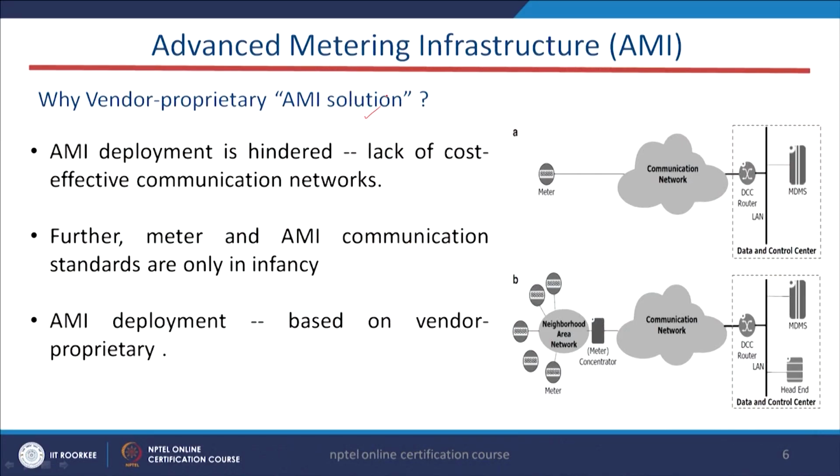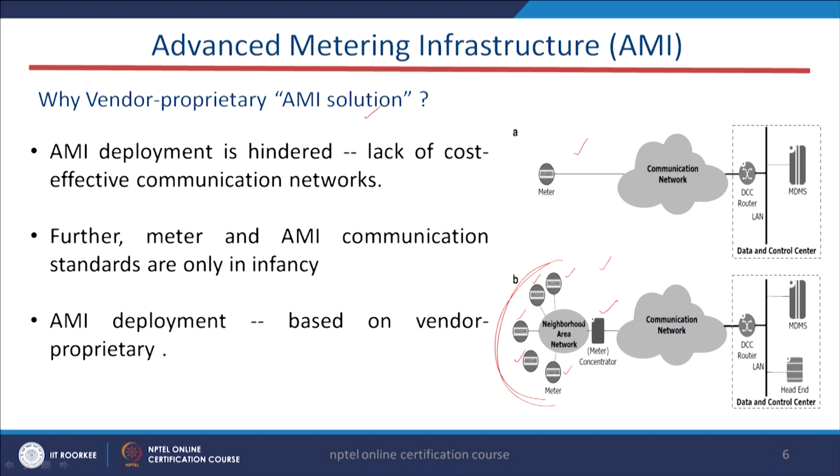Now, the second solution, that is the vendor proprietary AMI solution. In this case more vendors are associated, and that is why we have more smart meters present, if we compare these two figures. Now, these meters are again connected to the meter concentrator through a NAN network.